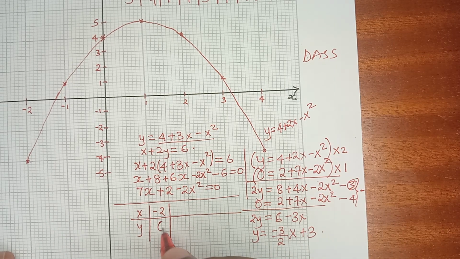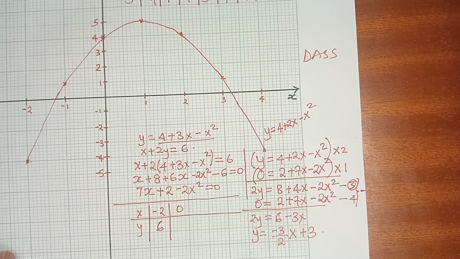Just confirm that. When x is 0, y is obviously 3 because the whole of this term becomes 0. What about when x is 2? 2 divided by 2 is 1. 1 times negative 3 is negative 3. Negative 3 plus 3 is 0. And we just need to plot this kind of a straight line.